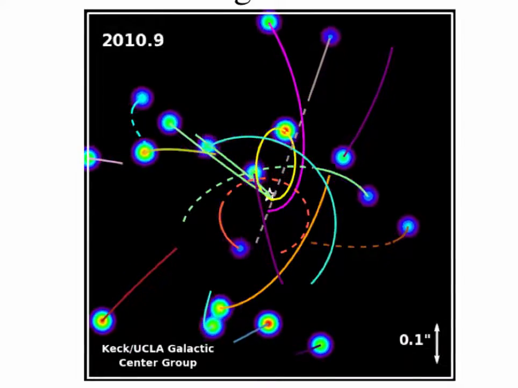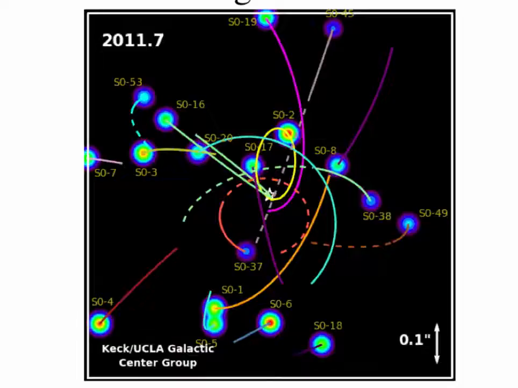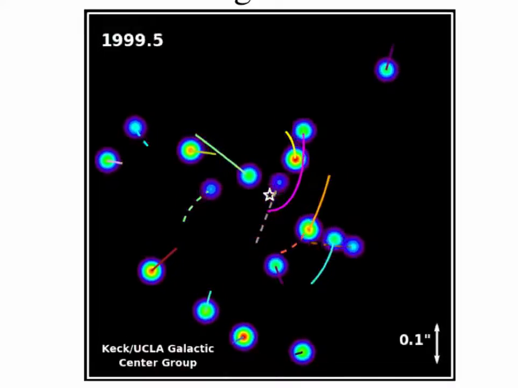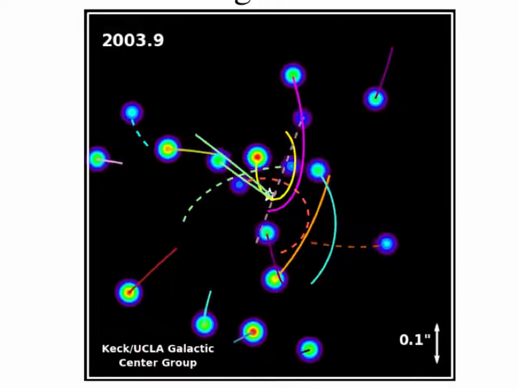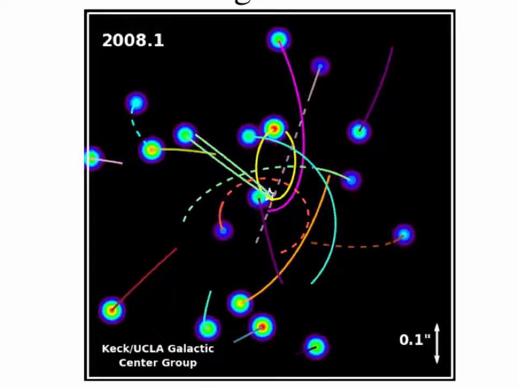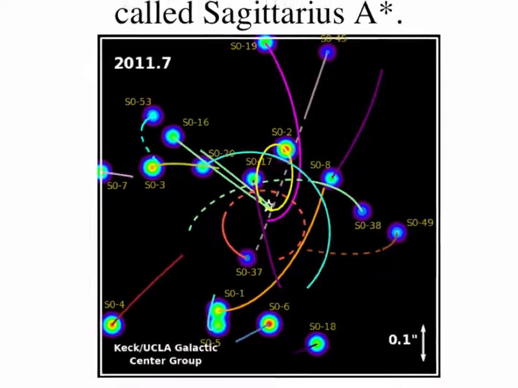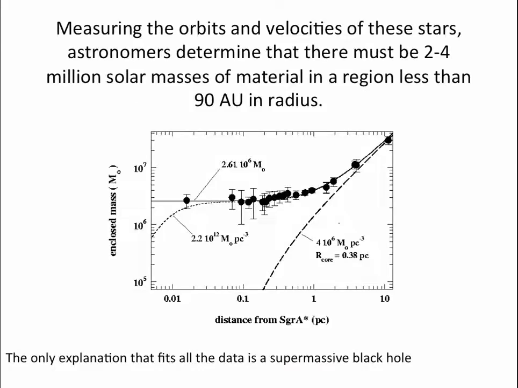But notice something. The point that they're orbiting about, that little star at the center that marks the center of our galaxy, there's nothing visible there. There is no infrared light from that point, but yet we see the stars going around it. So there's got to be something there. If we measure how fast the stars are going, and this is a complicated diagram, don't worry too much about it, but basically if we measure how fast the stars are going, we know how much matter must be there.